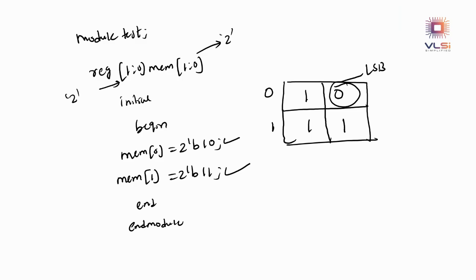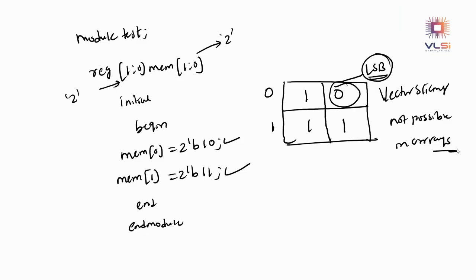If you want to access the LSB bit separately, it's not possible. So vector slicing is not possible in arrays. So this is about today's session.